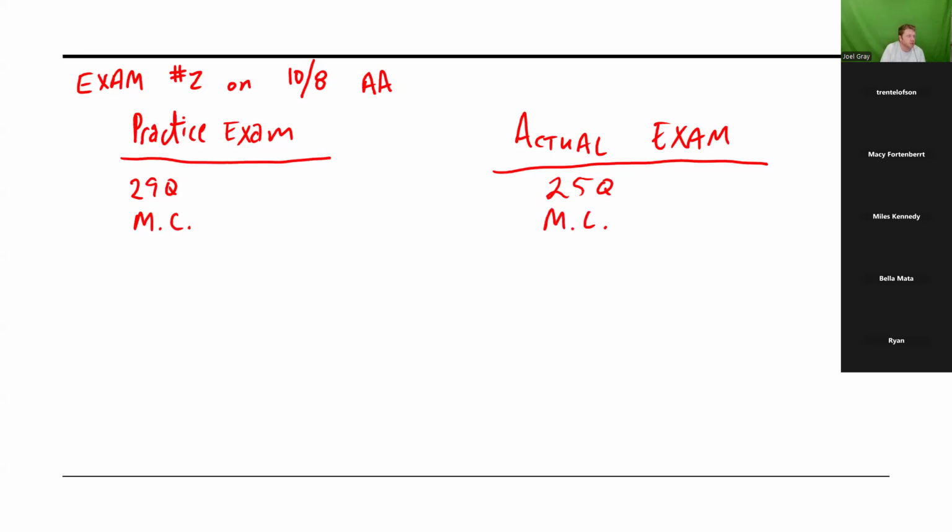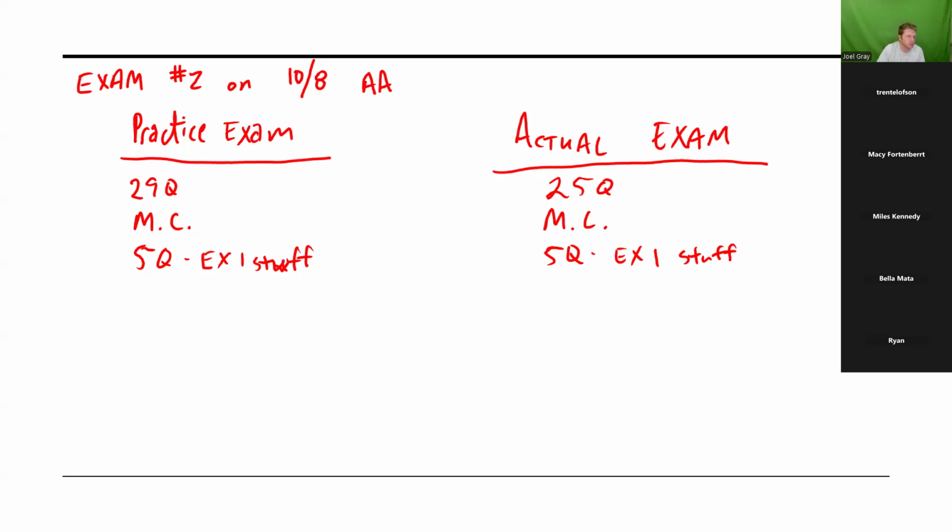Now, on your practice exam, there are 5 questions that are exam 1 stuff. Your exam 1 stuff was functional groups and Lipinski's rule of 5. On your actual exam, there are going to be 5 questions that cover exam 1 stuff. The big reason for that is because your exam 2 score can replace your exam 1 score.